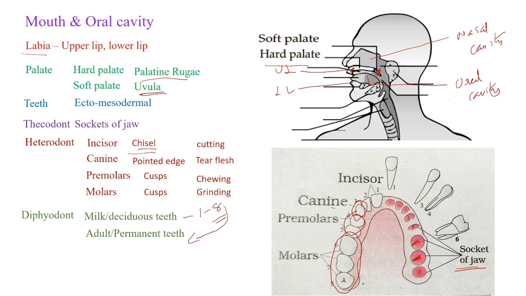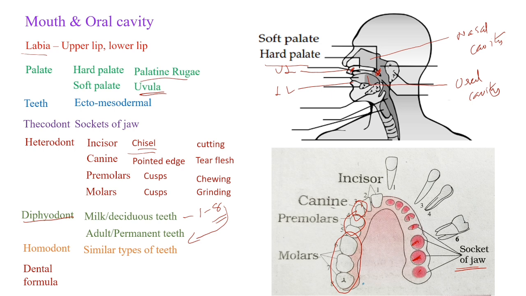In certain animals, only one type of teeth, or similar teeth, are present. That type of dentition is called homodont dentition.